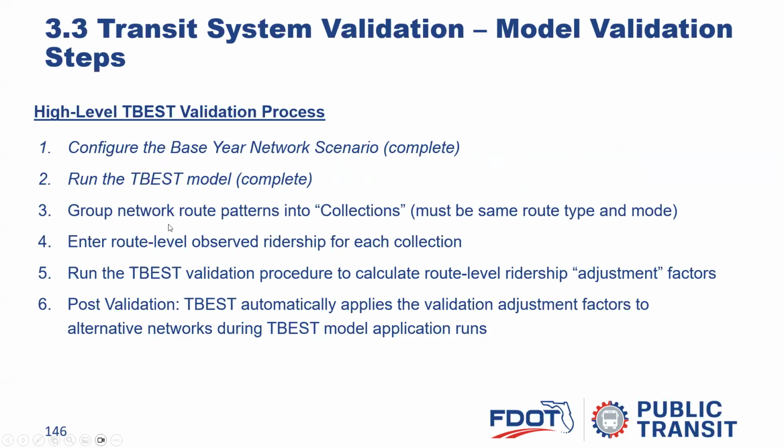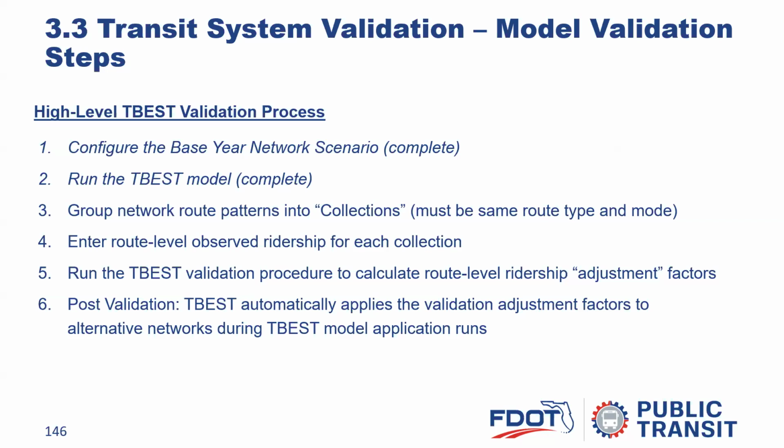We want to then set up our validation, and we do that by using the route patterns and putting them into collections. And a note there, they must be the same route type and mode. So what collections means is that you're grouping your route patterns to the level of the ridership data that you have, your observed ridership.